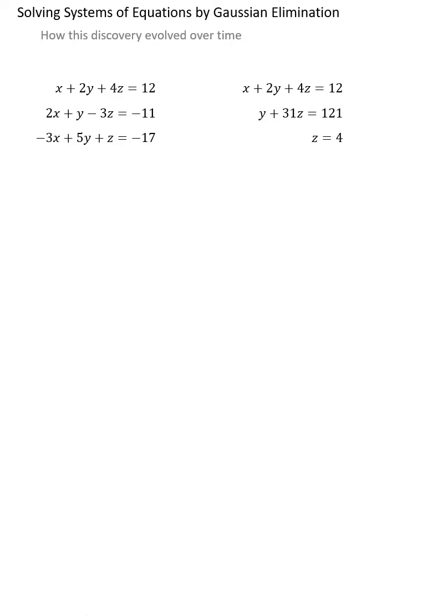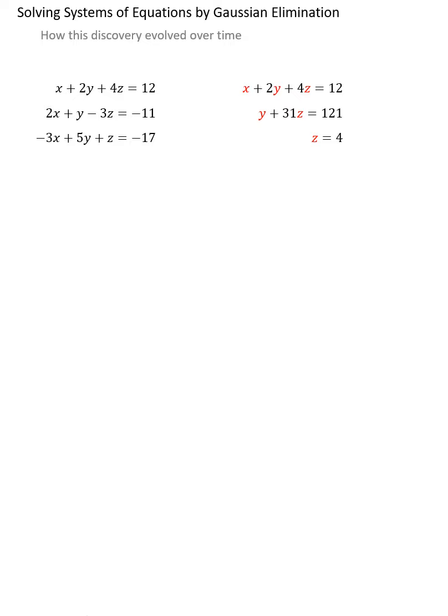Most notably, the third equation on the right tells me what z is. I have effectively solved for one variable already. In fact, if you look at the structure of these equations, ignoring the numbers, the top equation has 3 variables, the next one has 2, and the next one has 1.